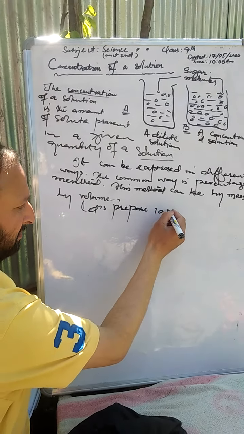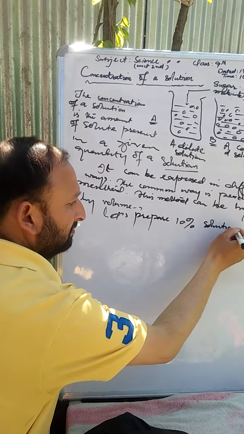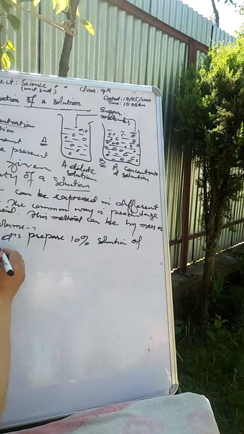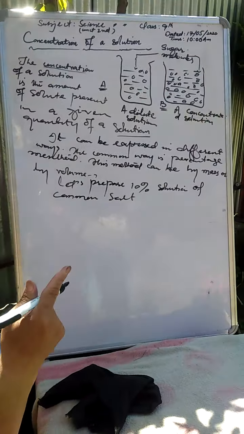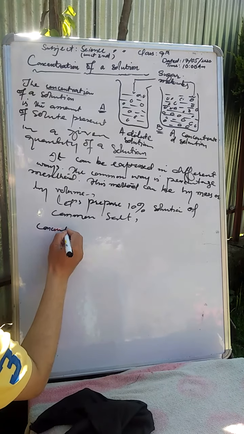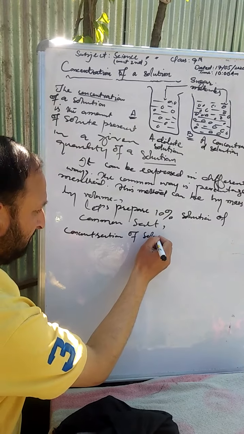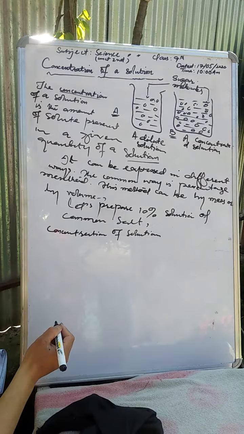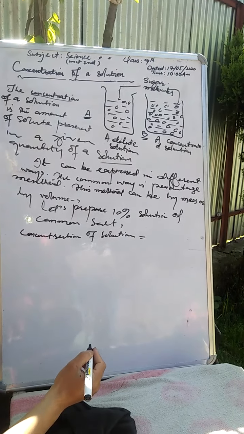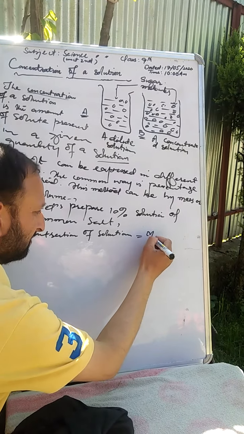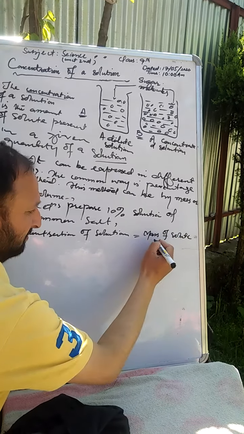Dear students, there is a formula that we can use for calculating the concentration of a solution in terms of the mass percentage of solute. The concentration of solution is equal to mass of solute divided by mass of solution, and then multiplied by 100.